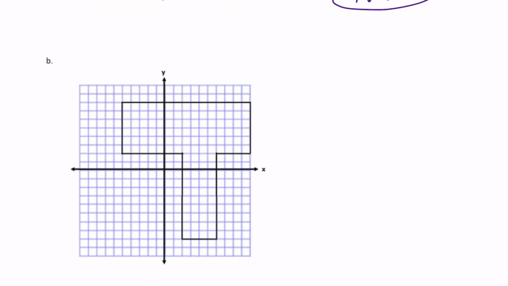All right, B. Looks like we have a big T here. So let's find the perimeter first. I'm going to start with this side right here. 1, 2, 3, 4, 5, 6, 7, 8, 9, 10. This is 4. This one's also 10 because it's congruent and parallel to that side.